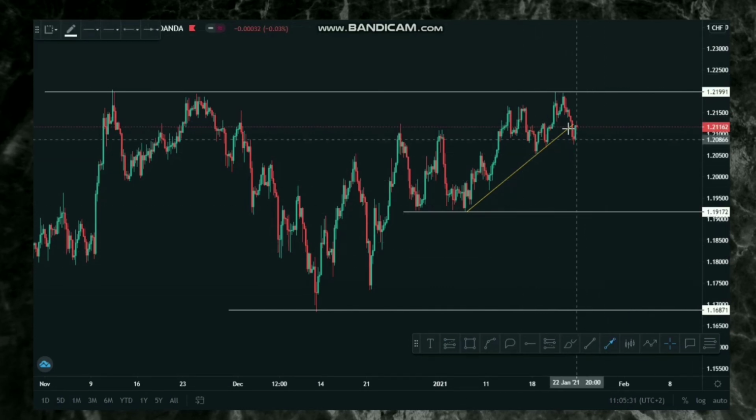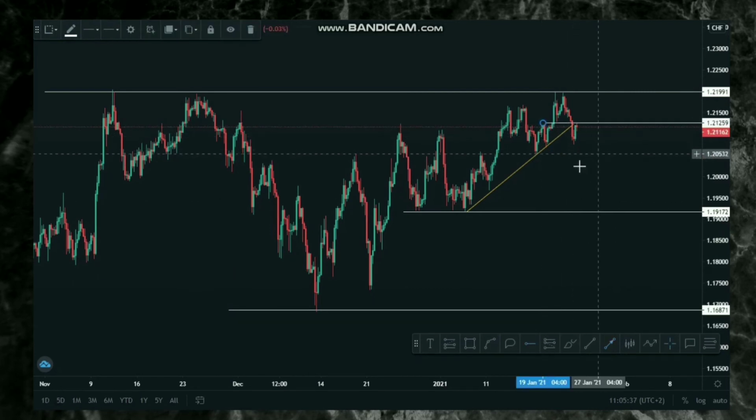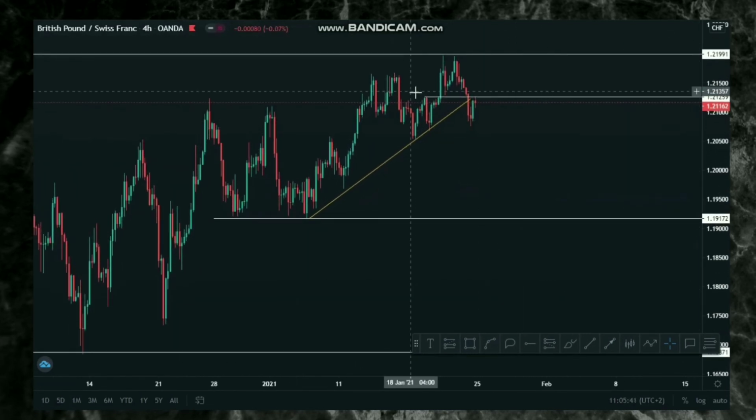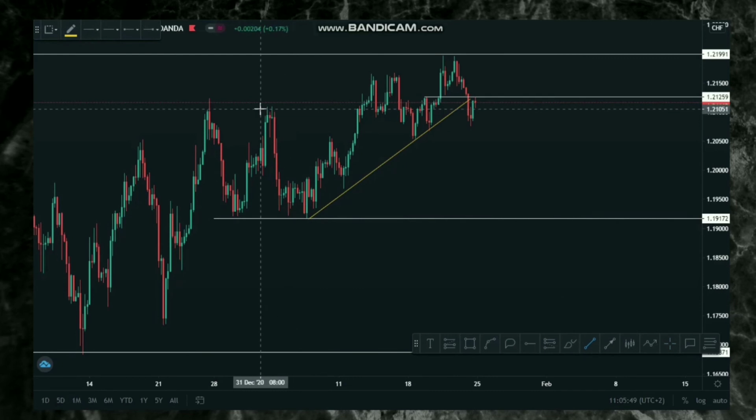Then from here, we're expecting what? Selling opportunities, also based on what? Also based on this resistance, which is here, which is our sub resistance. So you can zoom in and check it. It's a resistance, it was once respected, and even here it was once respected. And what do we see here? We see also there was a pressure to the upside in a form of this pattern.